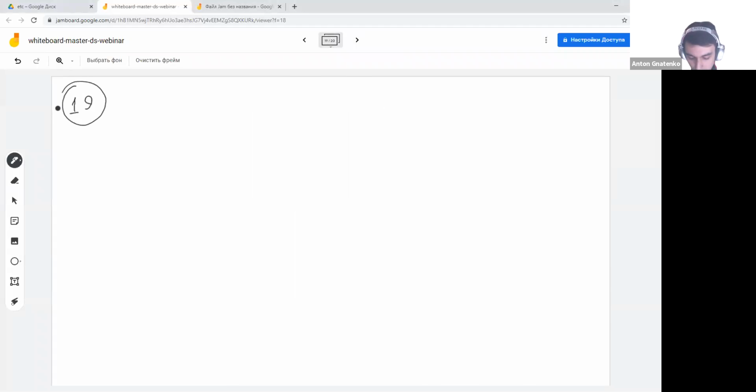Problem number 19. We are given a set of constraints. I'll just write them here. First constraint, 4x minus 4 greater than 4. Second, 2x plus 1 not less than x plus 3.